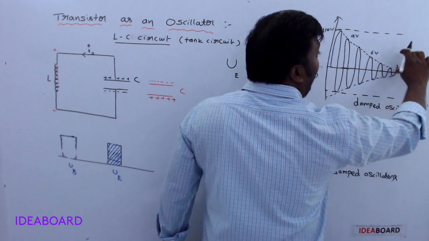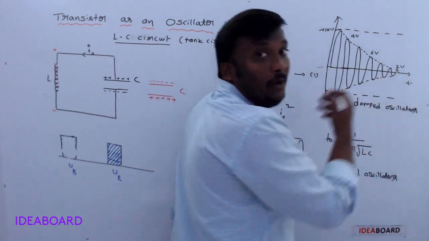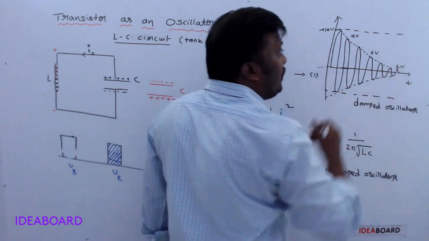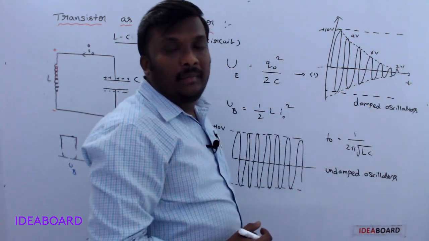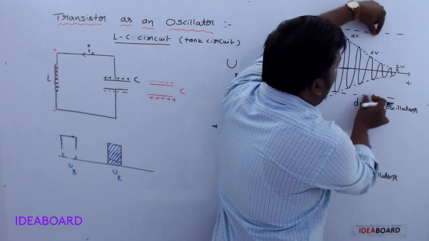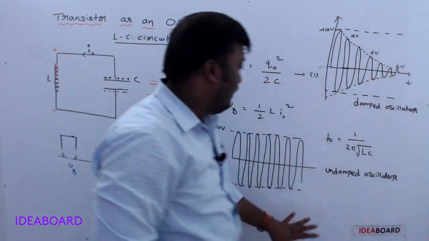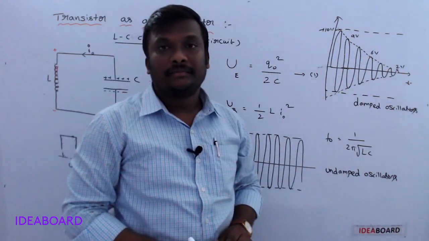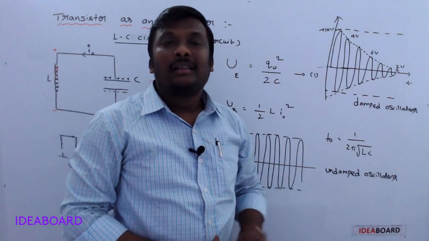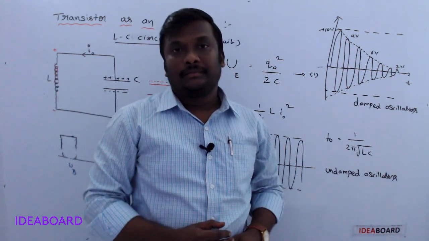Here it requires 8 volt, and in the opposite direction also 8 volt. Do you understand? You supply the voltage to get the undamped oscillations. Is it clear? This is possible by the feedback circuit.